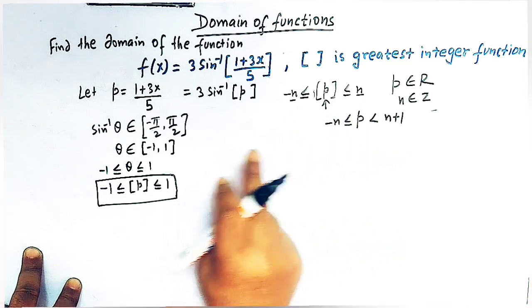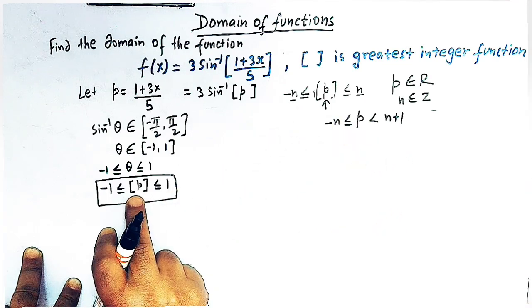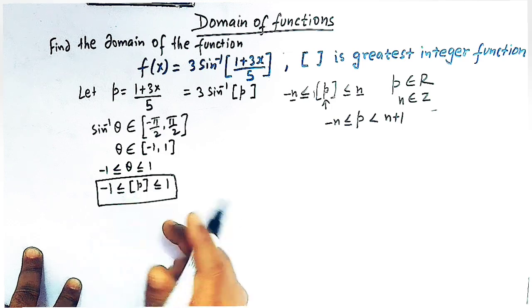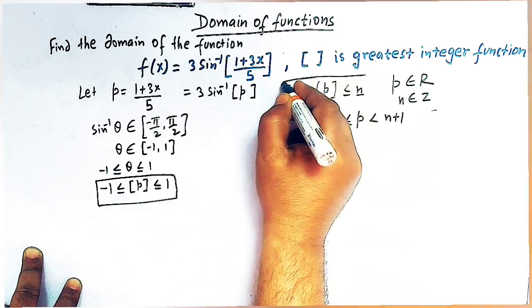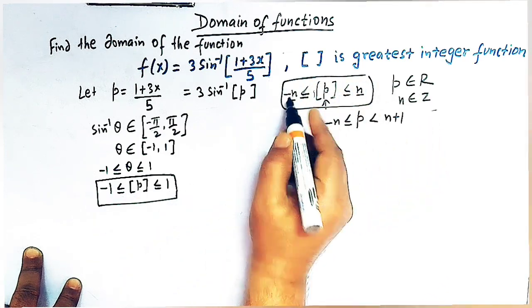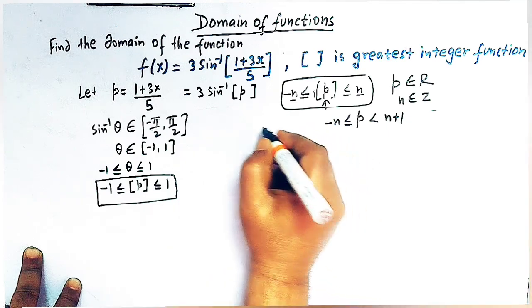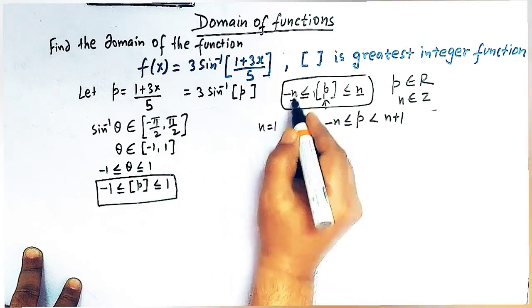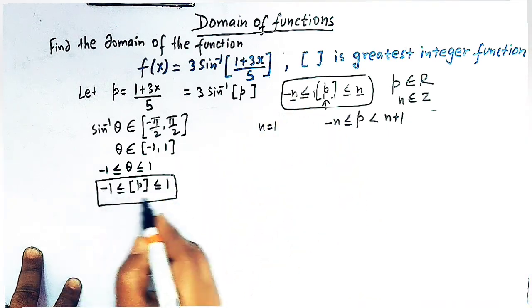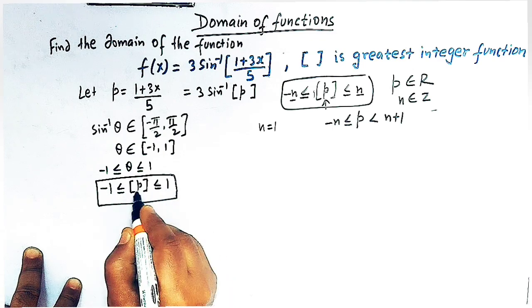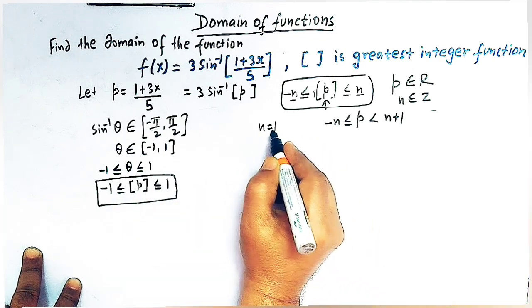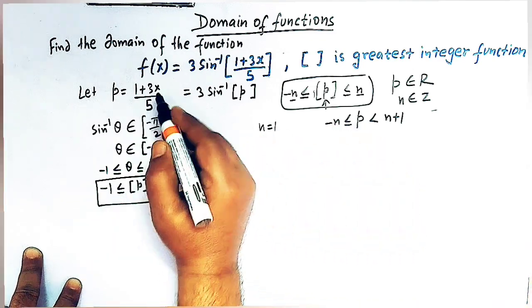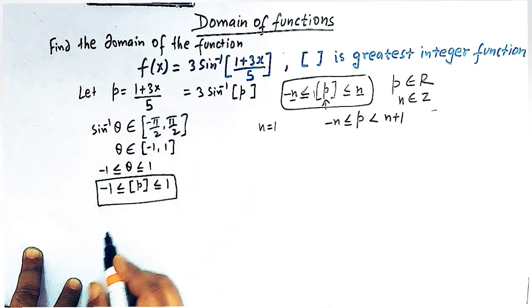Now if we compare our inequality with this one, the value of n is equal to 1, because here we have minus 1 and here we have 1. So n is equal to 1 and p is 1 plus 3x over 5.